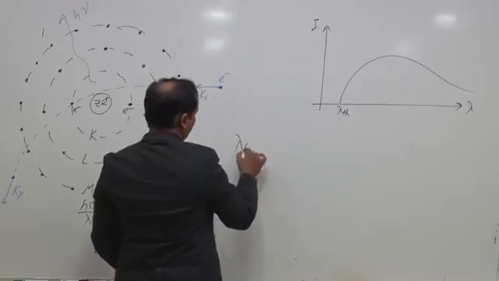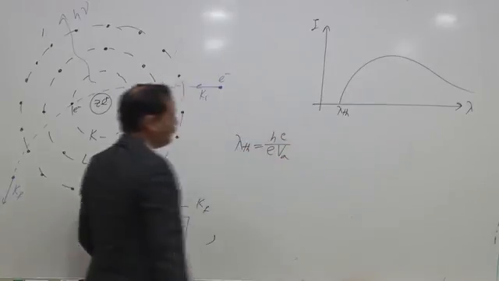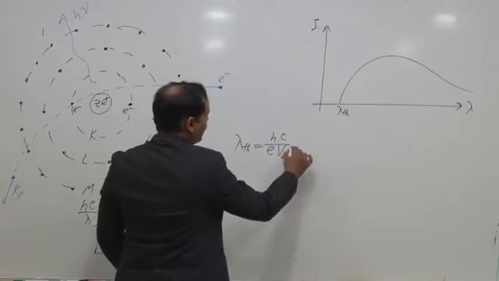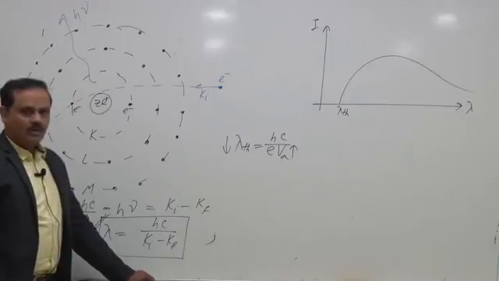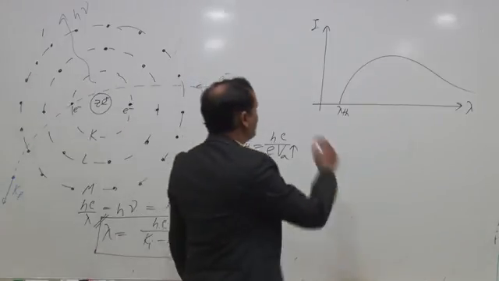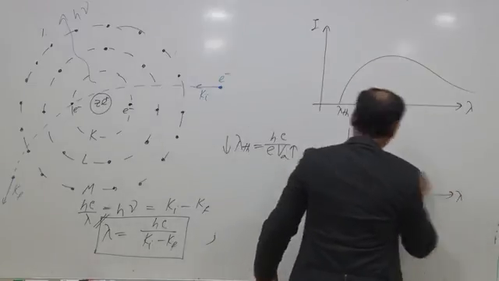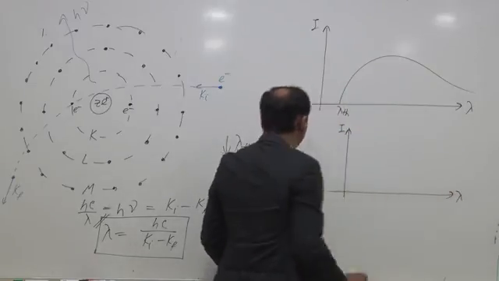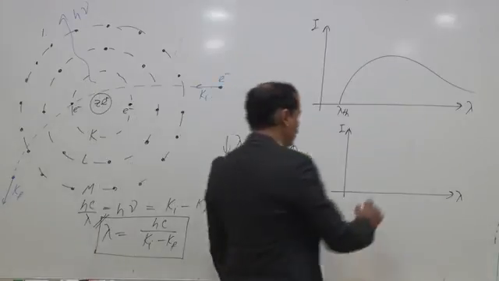We have seen lambda Th is equal to hc by eV. So if we increase the accelerating voltage, lambda Th will decrease. In the first case, we get the variation in the I versus lambda graph for two different accelerating voltages.